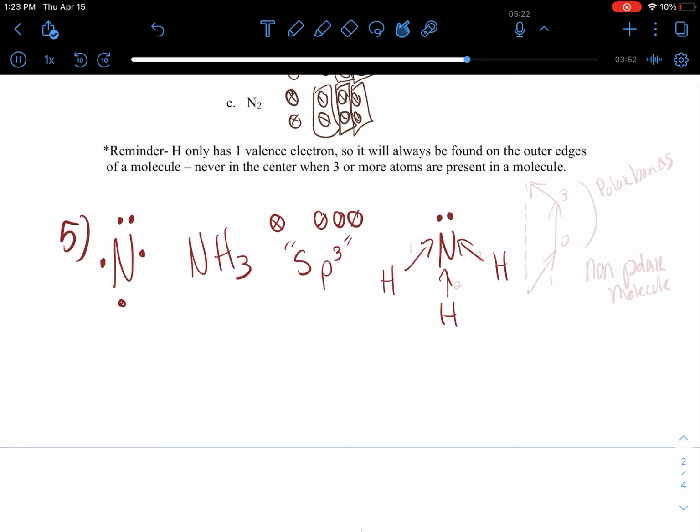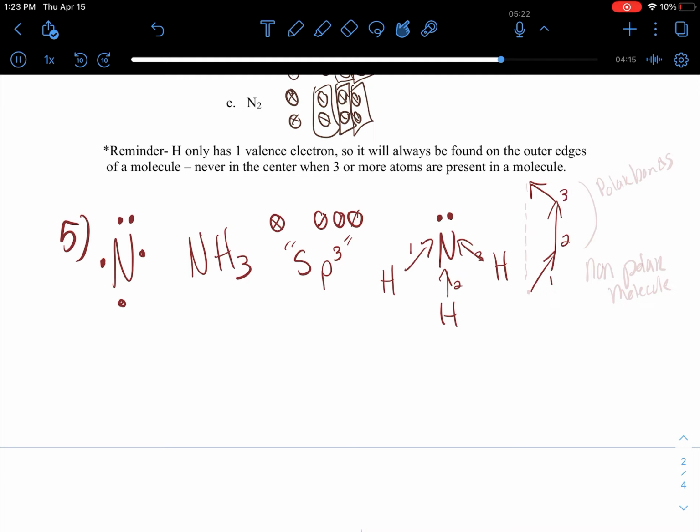Then you have to figure out if it's polar or non-polar, and you do that by, here, look, okay? So you start at one of the arrows, and you have to draw the arrows like that. So this was 1, 2, 3, I did 1, 2, 3.